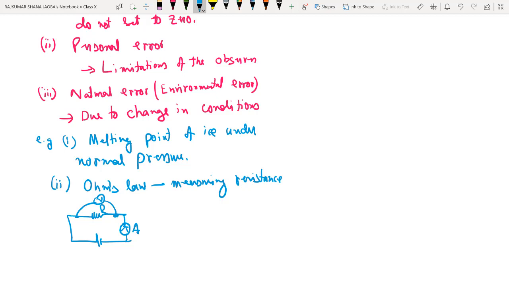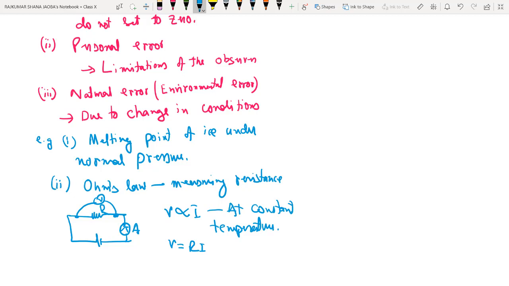Now, Ohm's law says V is directly proportional to I at constant temperature, V equal to RI.